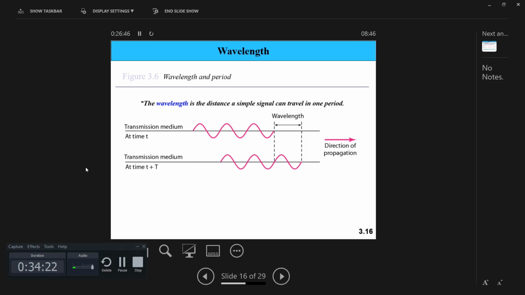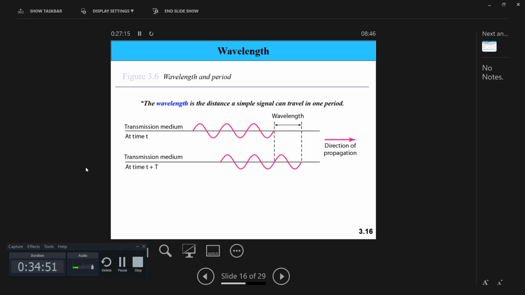Well, if I consider this x-axis is the transmission medium, so at time t the signal was at x, plus this is one cycle, but in the medium, it is the distance we travel. This is the definition of the wavelength.